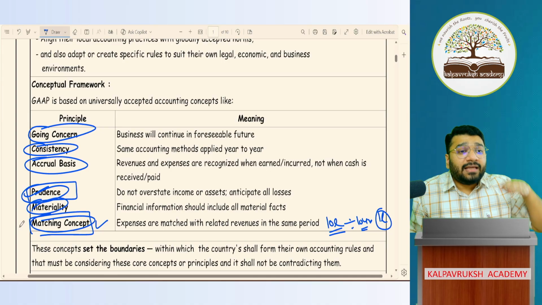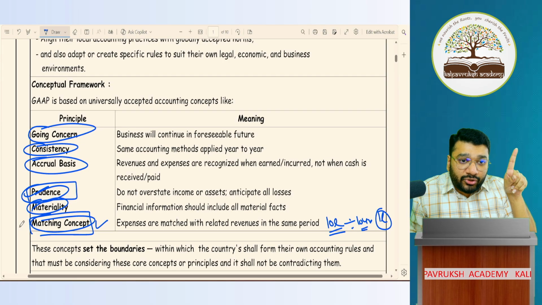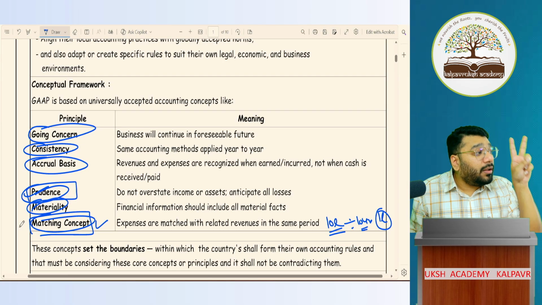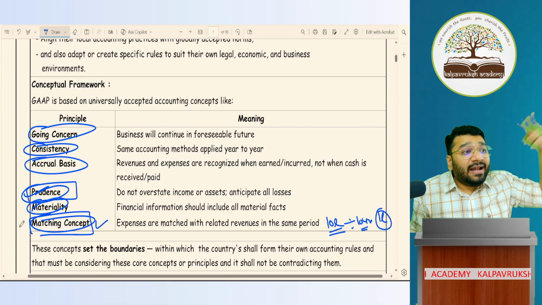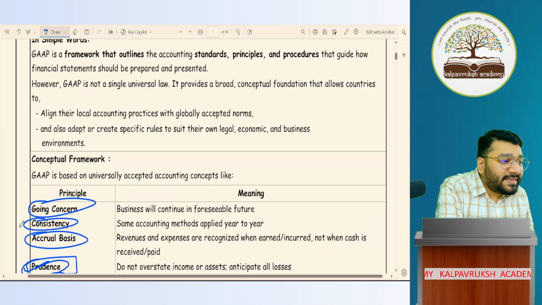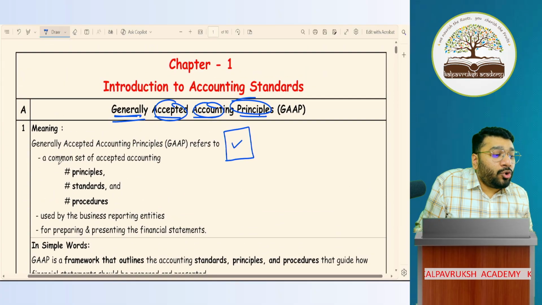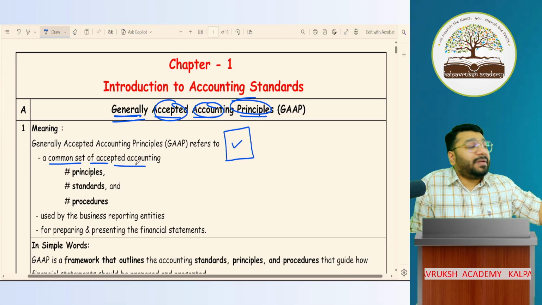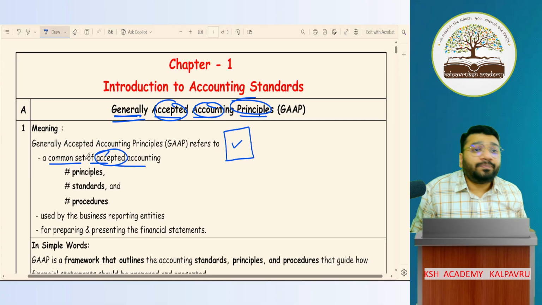Which means there are certain fundamental accounting assumptions and fundamental accounting concepts which have to be considered while drafting accounting standards. Who said this? GAAP. So what is GAAP? GAAP basically refers to a common set of accepted accounting principles. Accepted by whom?